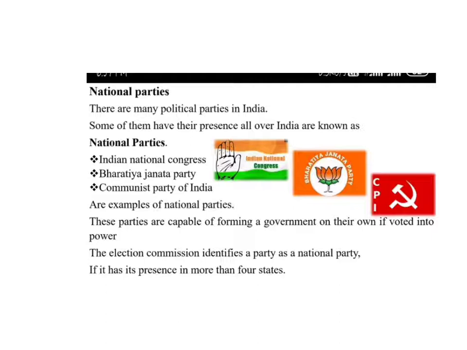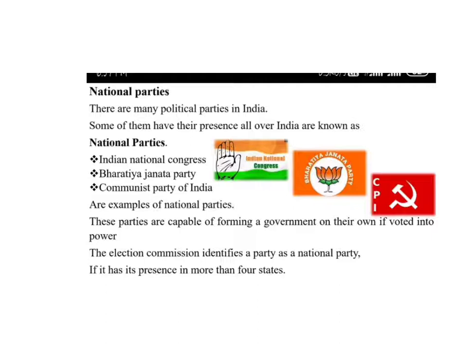For example, the BJP has the majority today. The government has the majority of seats. They don't need a coalition government or any other party for forming a government, because they have their own majority and their own seats. That's why they formed their government and became a powerful government in India.